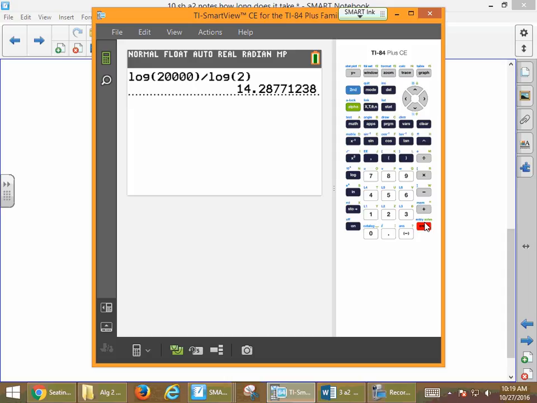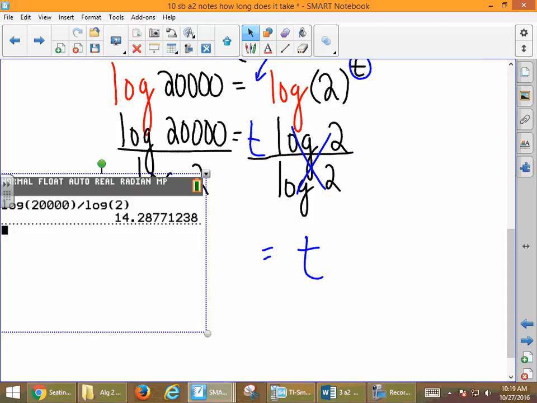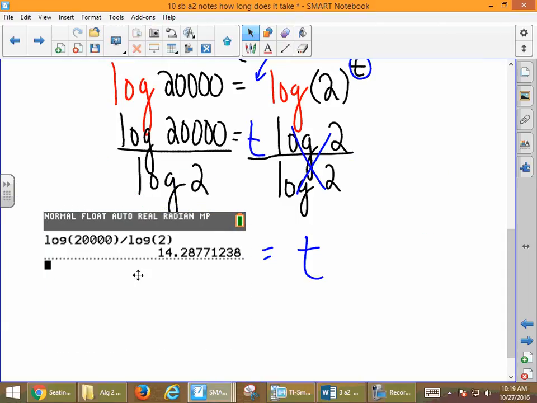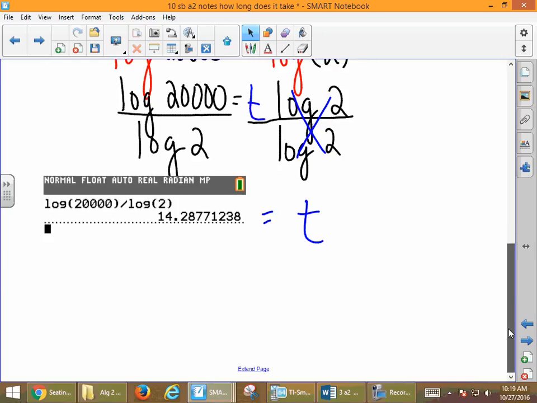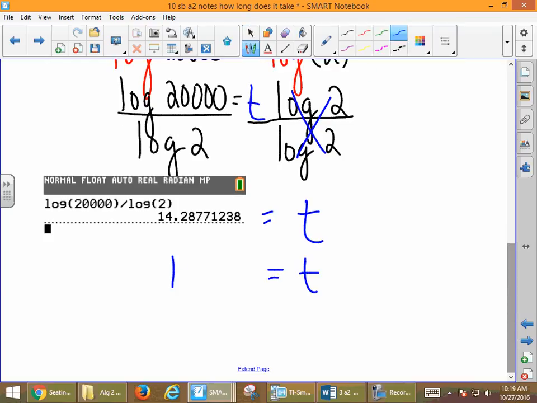And we get our value there. And if we round then to the nearest thousandth, we end up with our time equals 14.288 hours. Because that second 7 is what we use to determine to round. That's going to raise that 7 up to an 8.